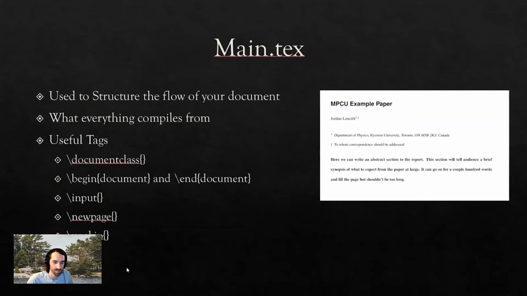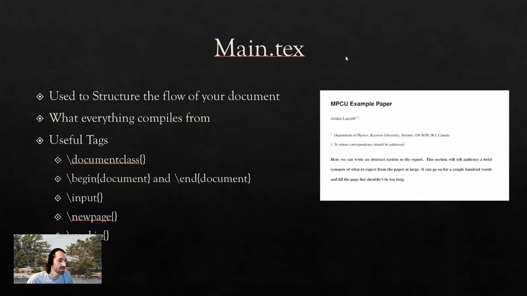So the first thing we're going to be creating is the main .tex file. When you create a new project on Overleaf, it will create this file automatically, and it will just be blank to begin with. And this is the file that Overleaf chooses to compile from.